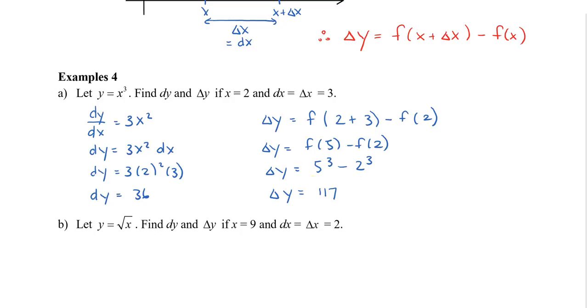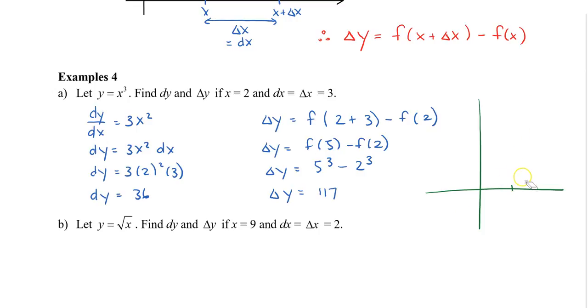If you want to have an idea of what this looks like, let me draw a graph on the side here. We know that the x cubed graph looks something like this. I'm going to exaggerate it a little bit. And then it's asking you that x value is 2. Oh, I actually exaggerated a little bit too much.